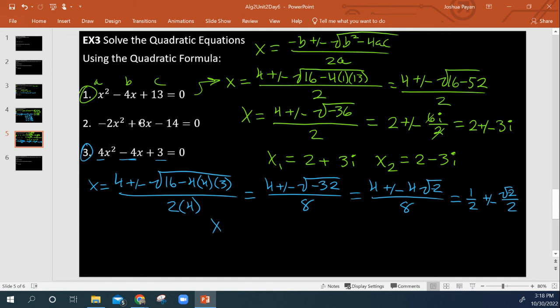Okay, so that means x1 is supposed to be 1/2 plus square root of 2 over 2 i, because of that square root of -2 there, that factors into the square root of 2 times i. And our other solution would be 1/2 minus square root of 2 over 2 i.